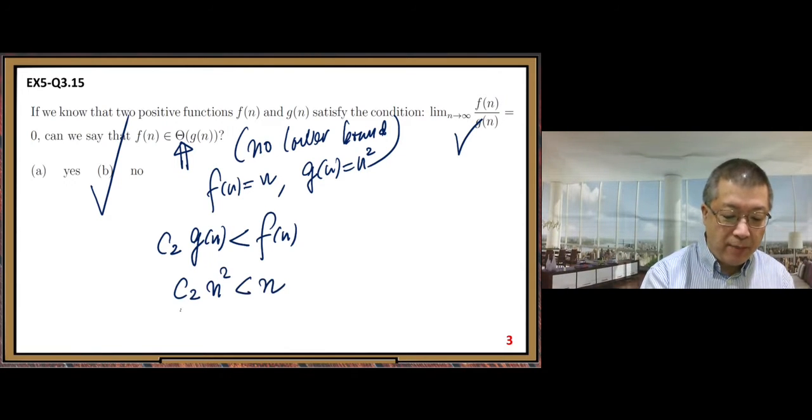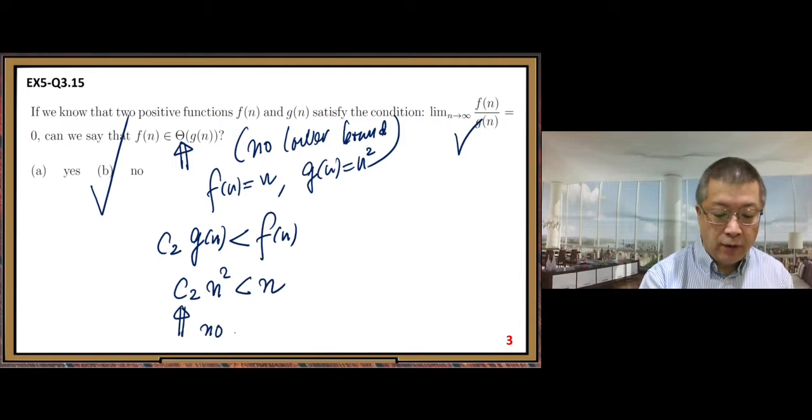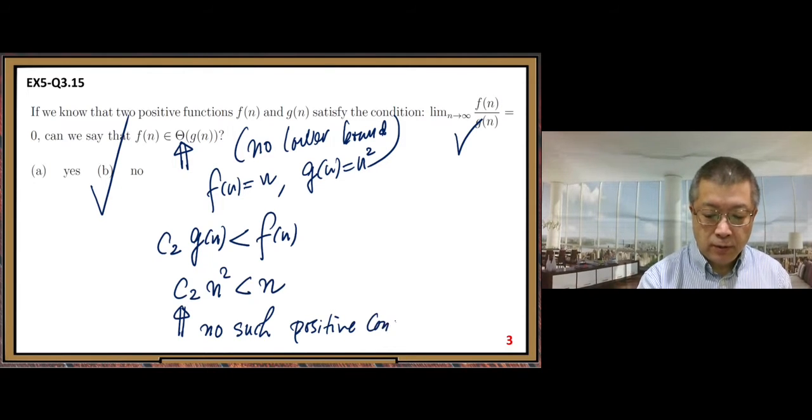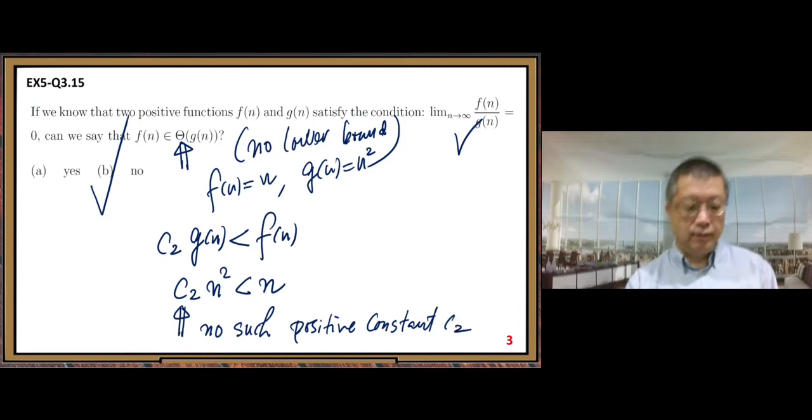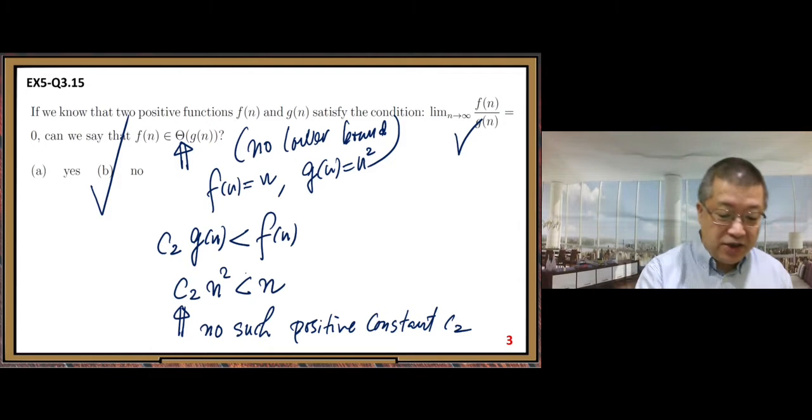You can never find a positive constant c2. Can you see that?